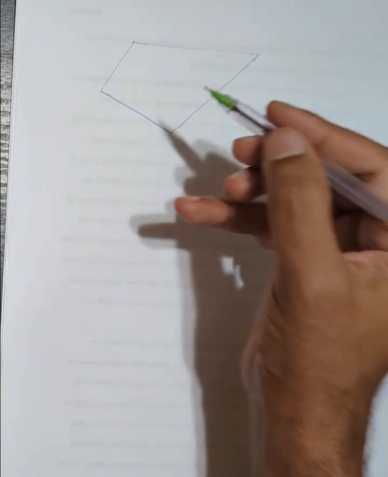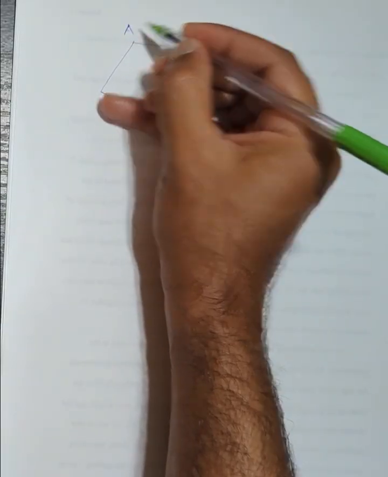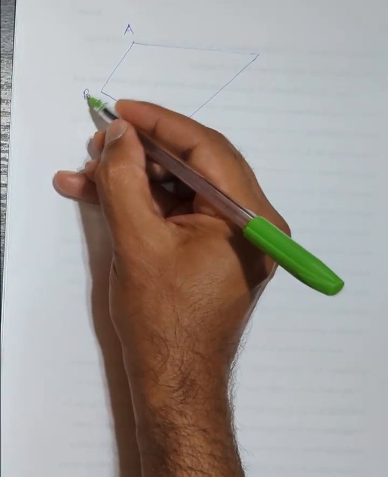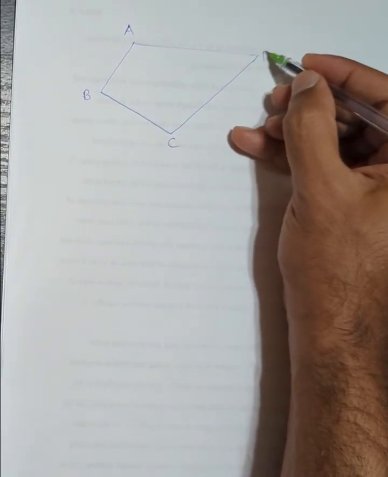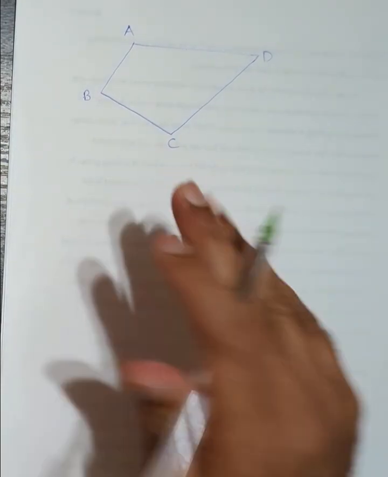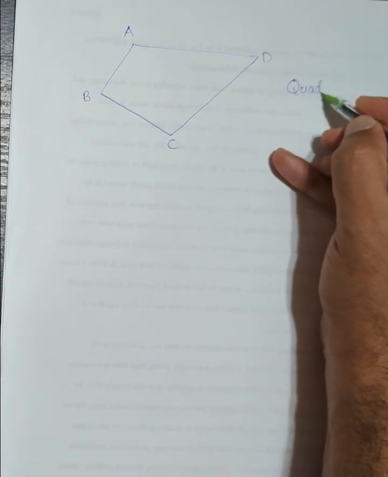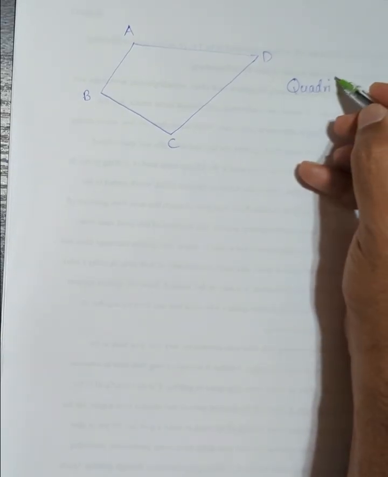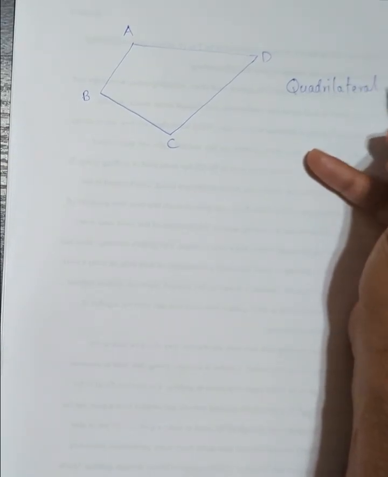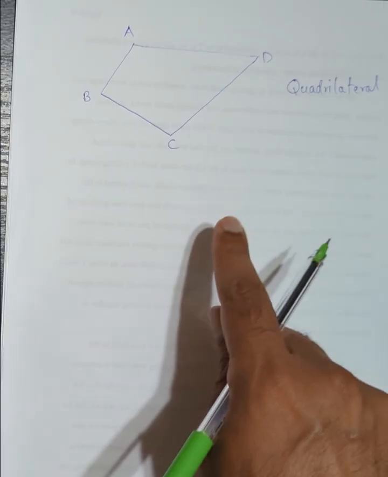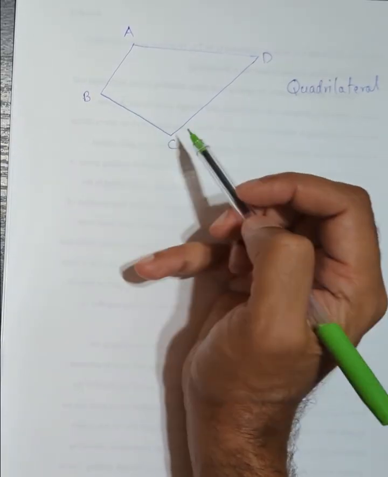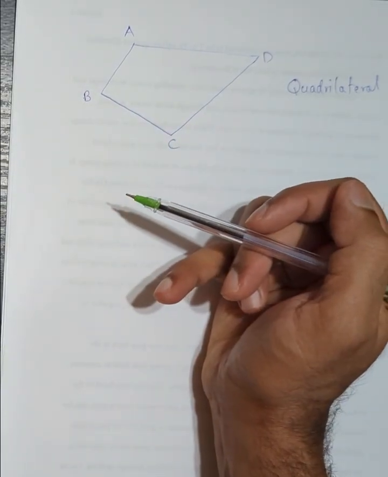So this is a polygon, and this time I'm going to use four letters, A, B, C, D. Now, a four-sided shape is called a quadrilateral. Quad means four and lateral means side. So a quadrilateral has now four angles and four sides.